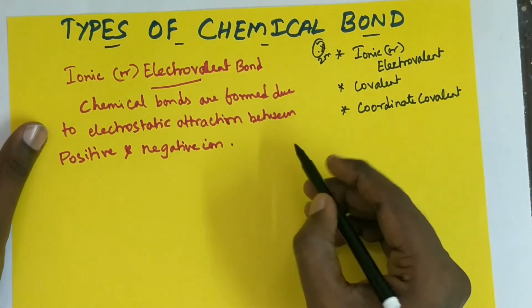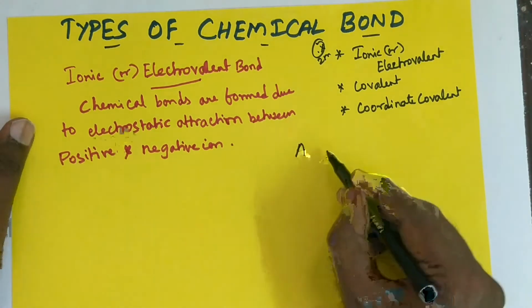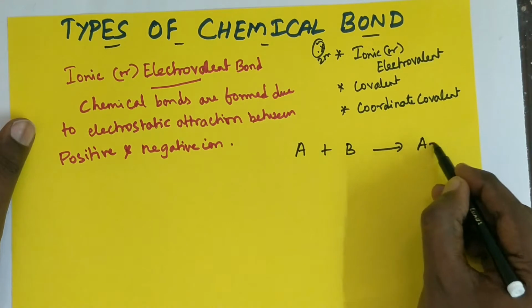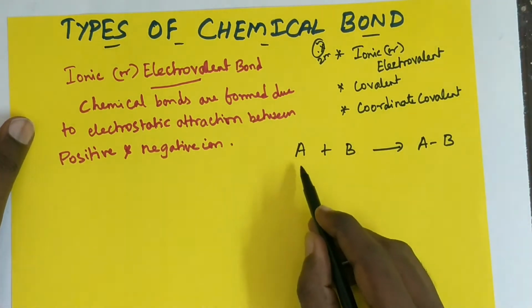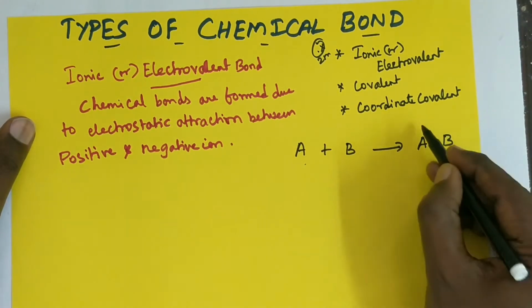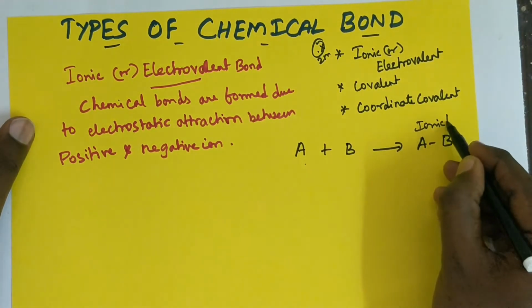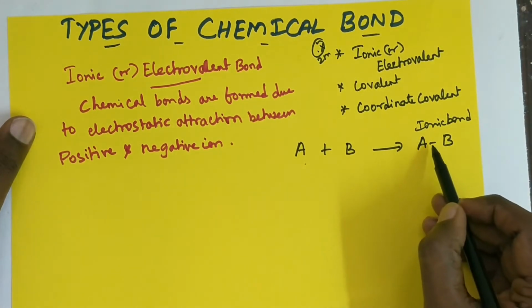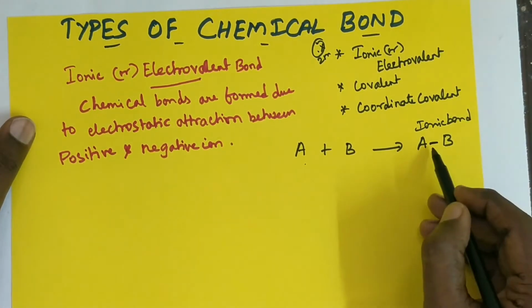Suppose you consider one example, A plus B combine to form AB. Remember, two different atoms combine to form one bond. So this is considered an ionic bond or ionic compound, both are the same. How is this bond formed?